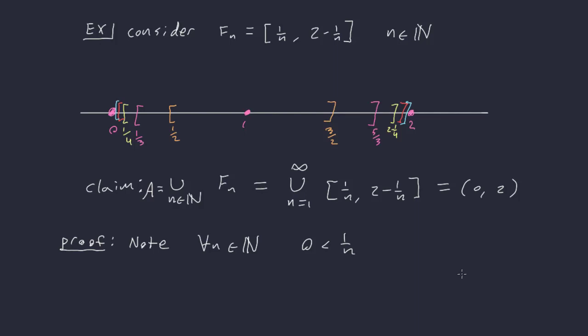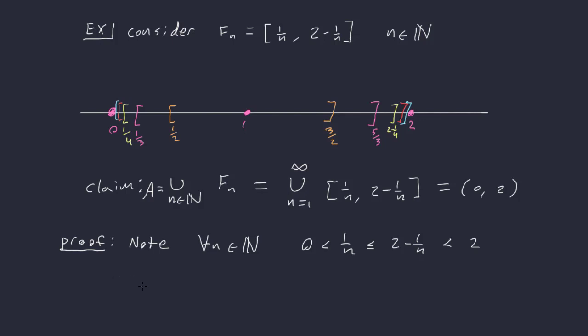which will be less than or equal to 2 minus 1 over n, and then 2 minus 1 over n will always be strictly less than 2. Okay, so that's going to be true for all n.